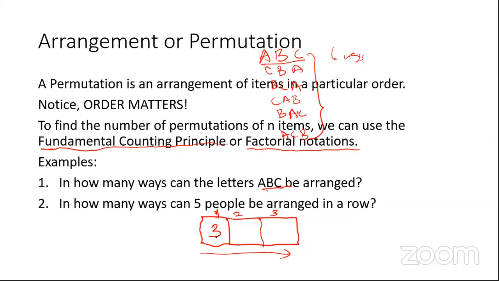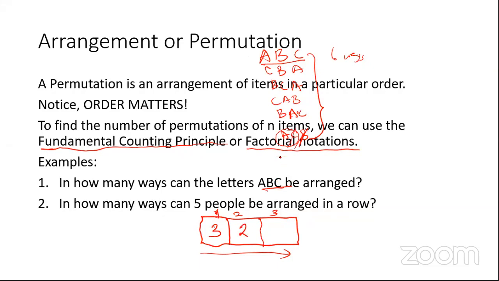If I've put one of the letters, I don't need to know which one I have put. It could be B that I have put there. It means I'm left with 2 letters. So to fill the second space, I have two options. I may pick any of the two remaining ones, so I have two ways.